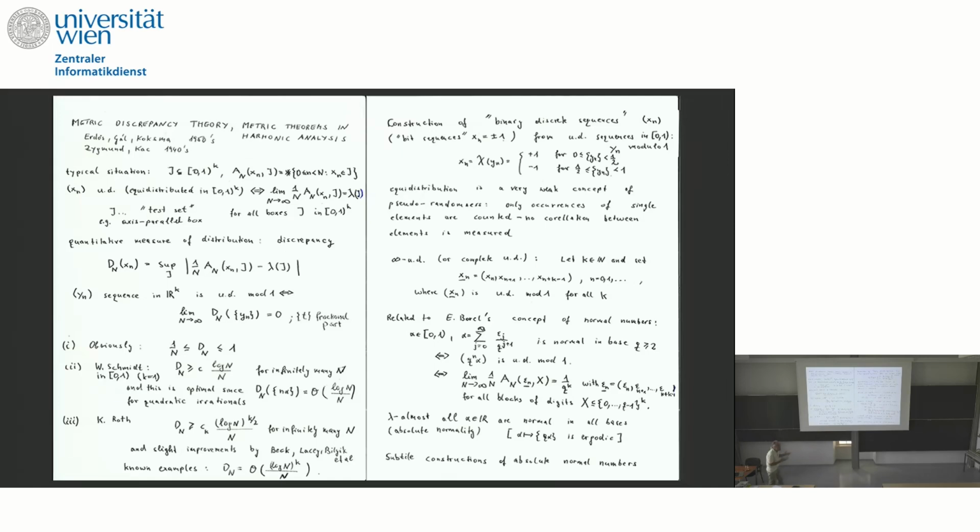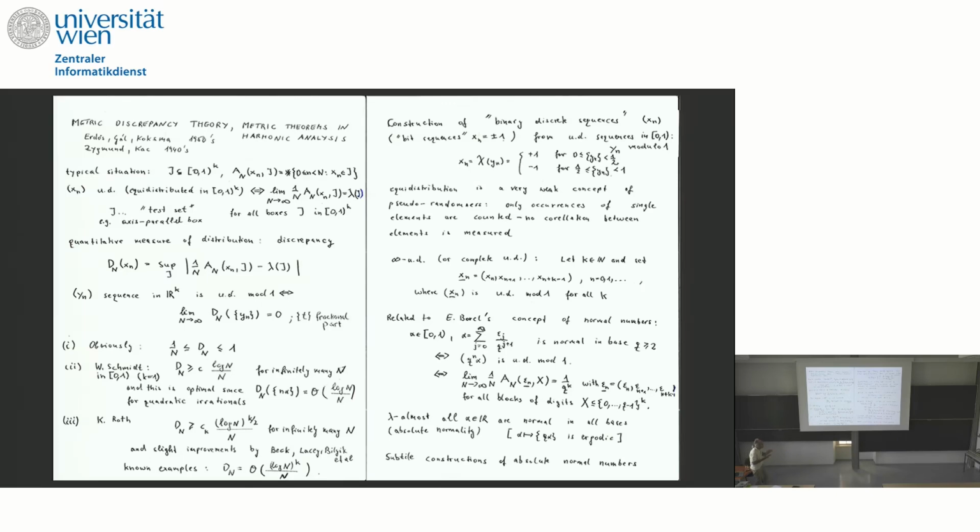Clearly, the discrepancy is a quantity lying between 1 over N and 1. It is also very simple to see this, since you can choose a box having at least one point inside, and taking the box arbitrarily small, you get the lower bound, and the upper bound is completely trivial.